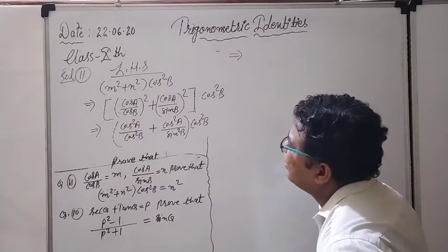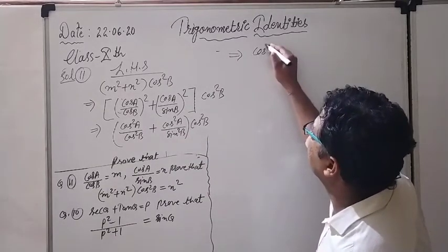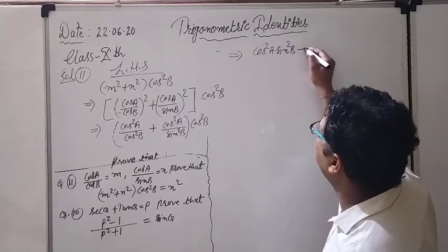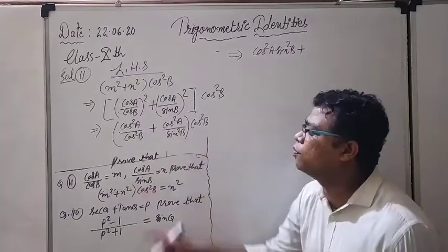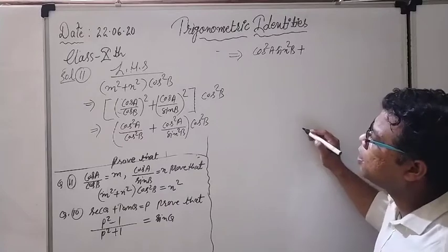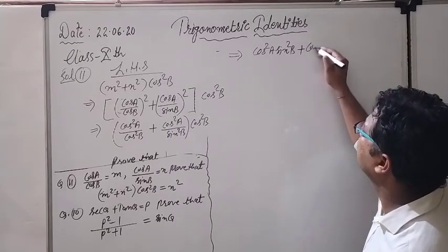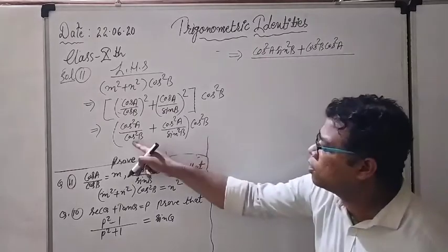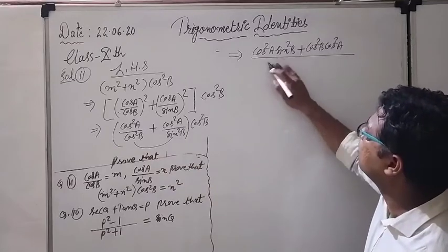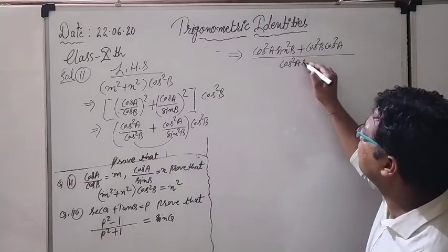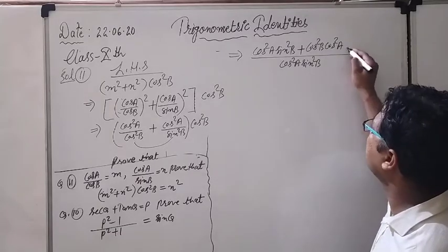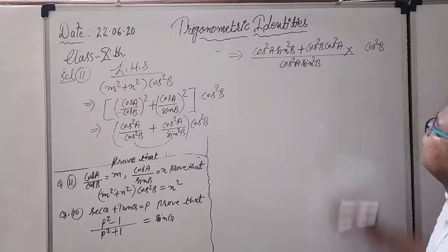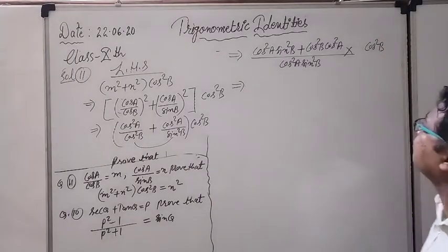Look here. Cos square A multiplication with sin square B, plus cross multiplication of one numerator with another denominator, cos square B and cos square A, upon cos square A and sin square B. Sorry, cos square A multiplication with sin square B, into cos square B. Right now, see what could be done.